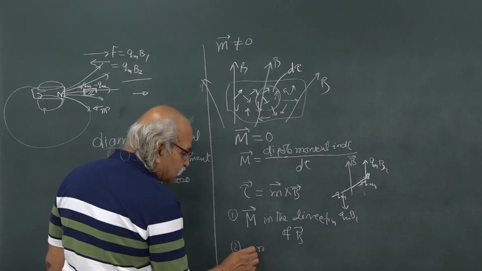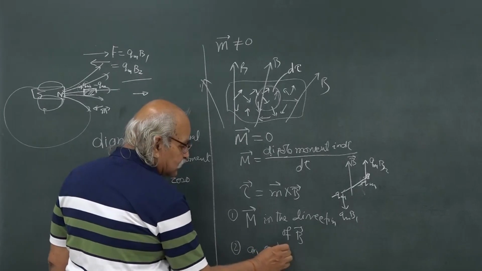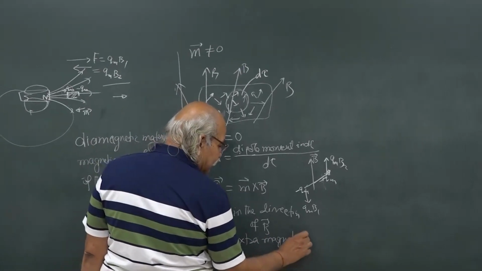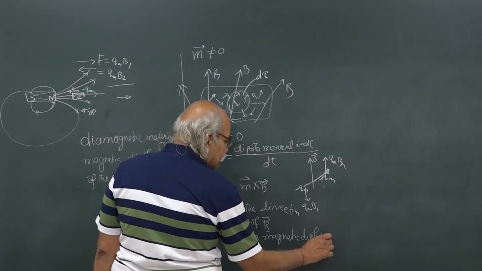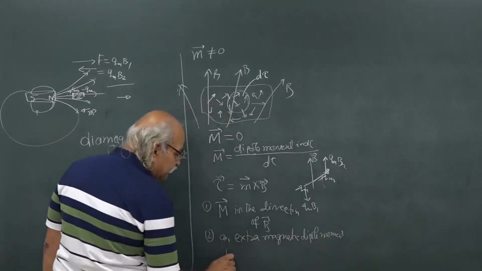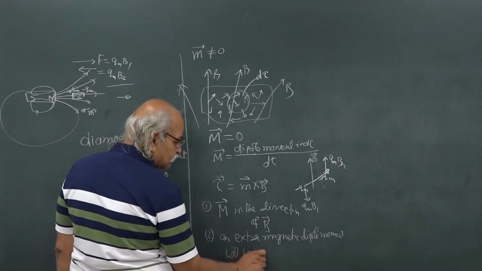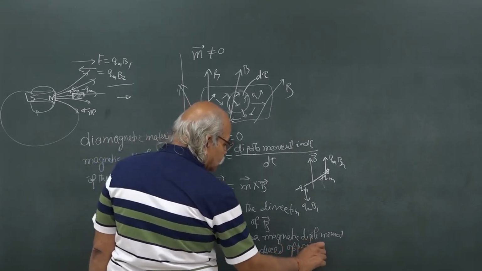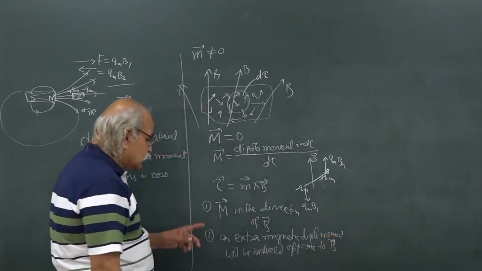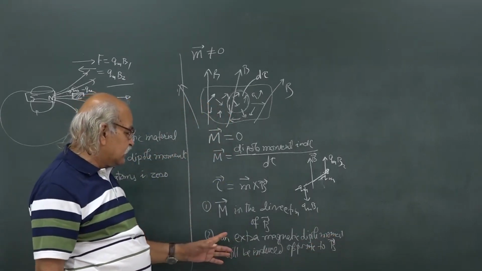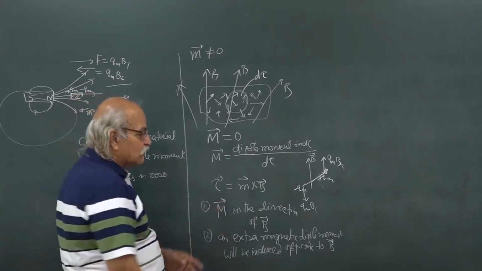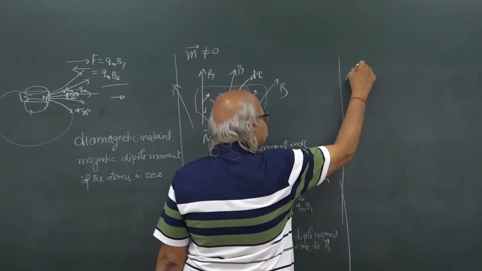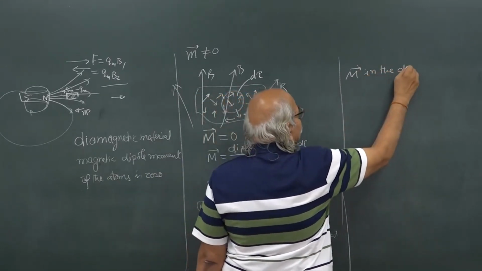So, an extra magnetic moment, and when I say magnetic moment, it is the same as magnetic dipole moment, will be induced opposite to the magnetic field, and this phenomenon is much weaker than the other one, and therefore the total resultant you will have is magnetic moment or magnetization in the direction of B.